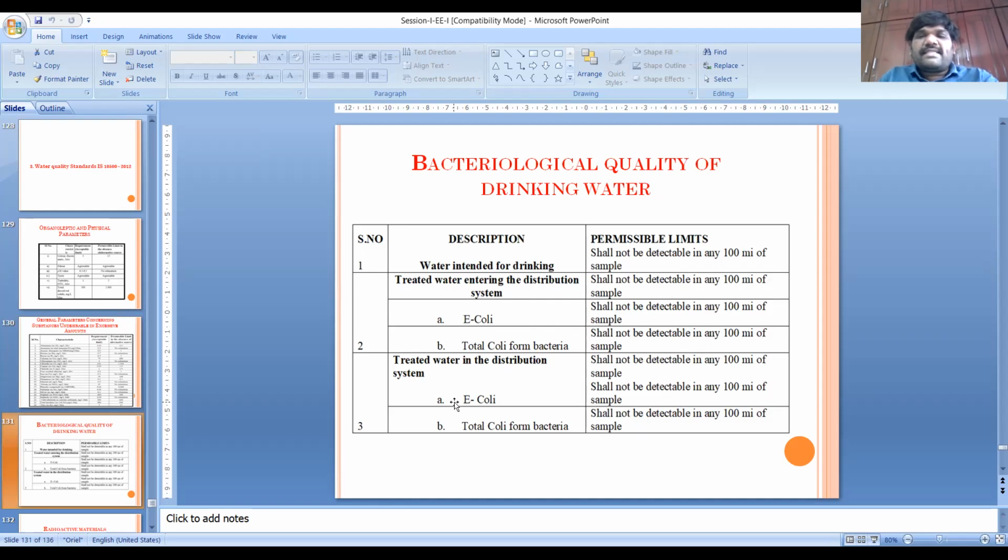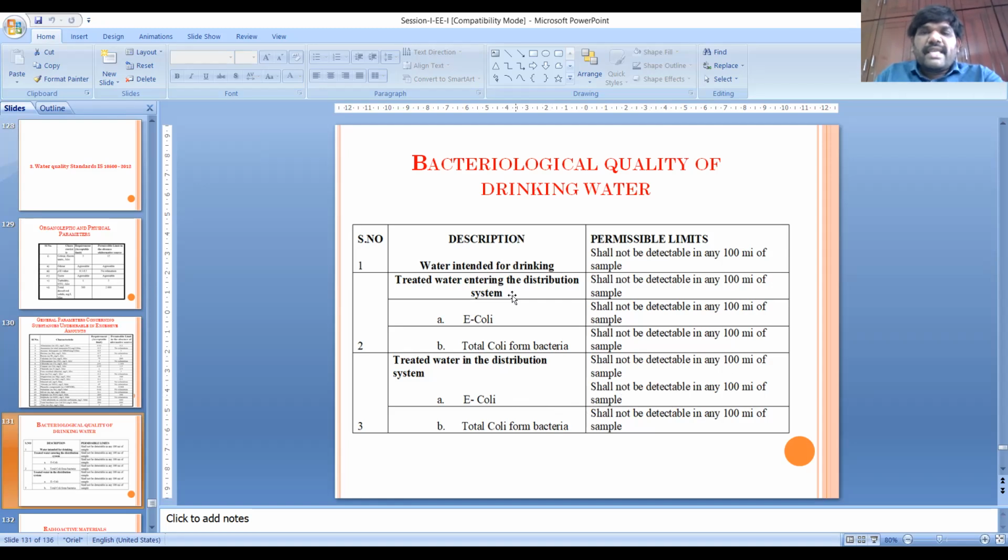And the third category is treated water in the distribution system. The first one is for drinking, the second one is entering, and the third one is in the distribution system. E. coli, even in the water entered into the distribution system, should not be detectable in 100 ml, and also the total coliform bacteria should not be detectable in 100 ml of sample.